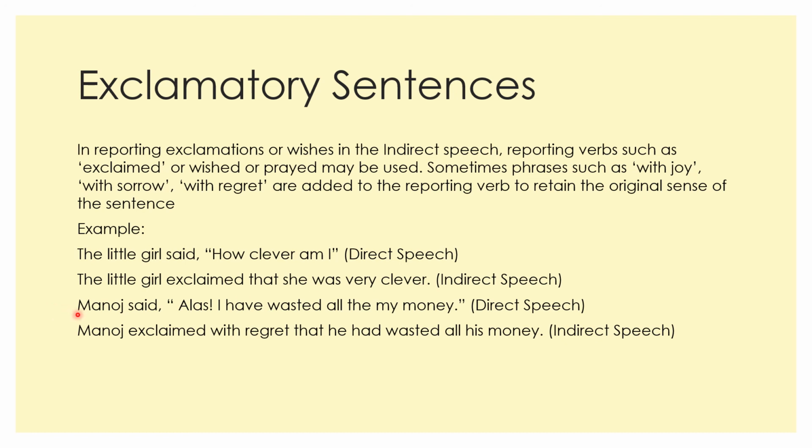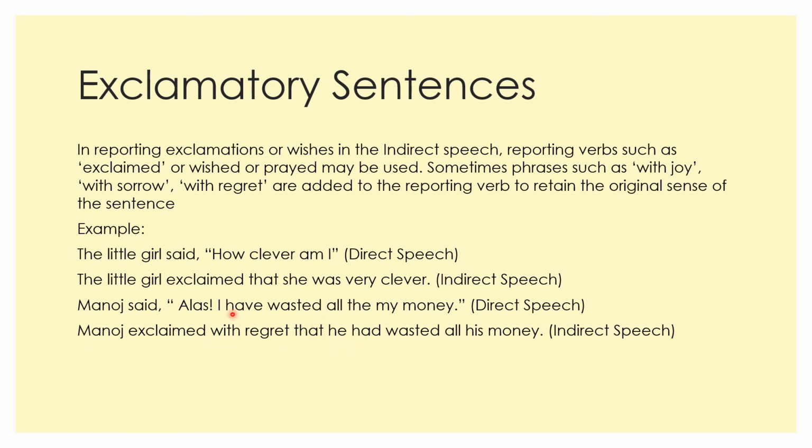The next example, Manoj said, "Alas, I have wasted all my money." So in the indirect, it is written as Manoj exclaimed. The said will change to exclaimed. Now this phrase is added, with regret. It is added to the reporting verb to retain the original sense of the sentence. Manoj exclaimed with regret. Then you will use the conjunction that.